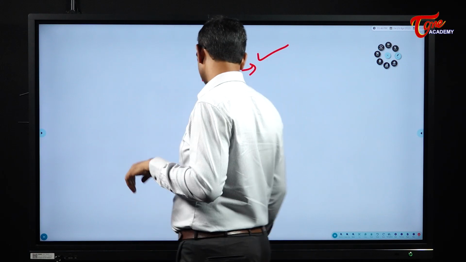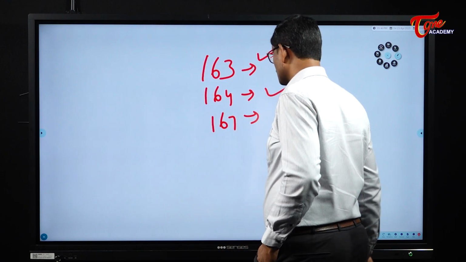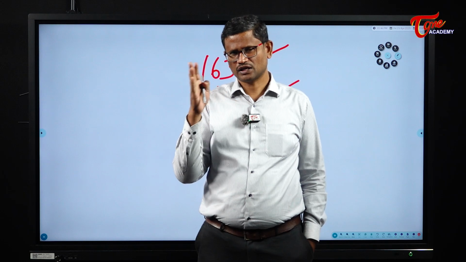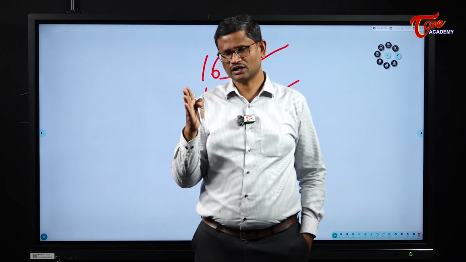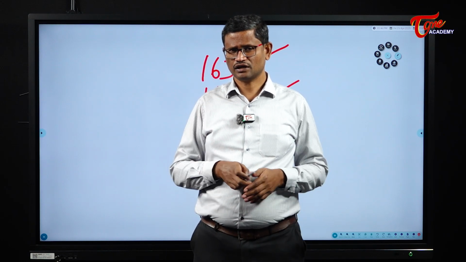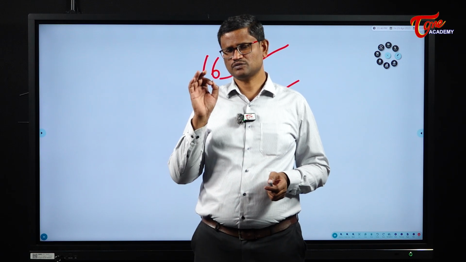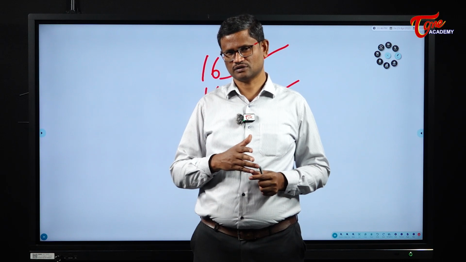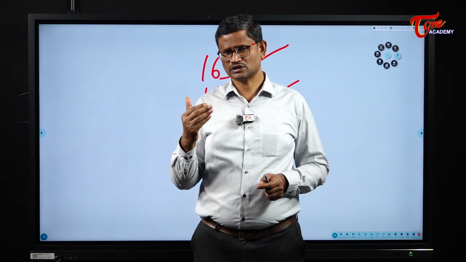The next one is Article 164. As I said, Article 164 says that the Chief Minister is appointed by the governor, and other ministers are appointed by the governor on the advice of the Chief Minister. Article 164 also says the maximum strength of the Council of Ministers cannot exceed 15% of the Legislative Assembly, and the minimum number cannot go less than 12.